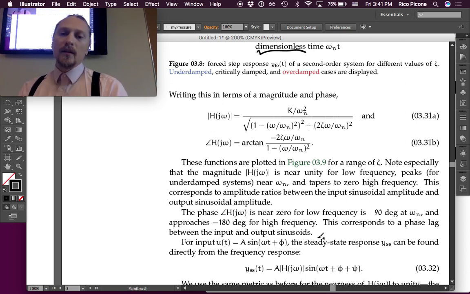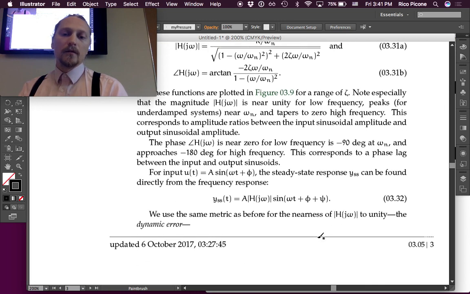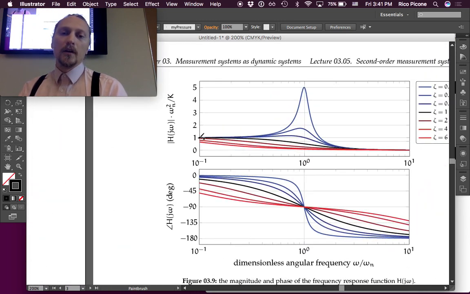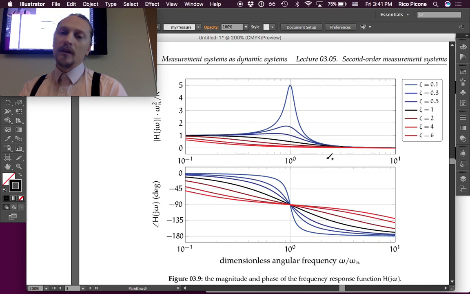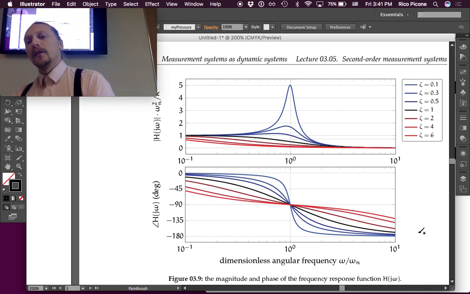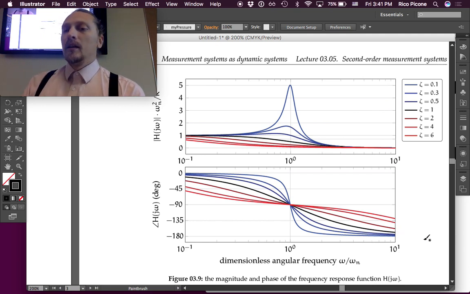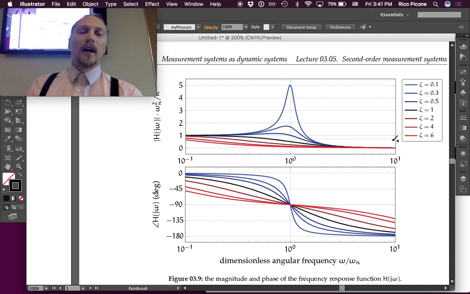Note especially that the magnitude of H of j omega is near unity at low frequency, and it's near 0 at high frequency, no matter what the damping ratio is. And no matter what the damping ratio is, the phase approaches 0 degrees at low frequency, and at high frequency it approaches negative 180. The damping ratio just describes how the shape goes from low frequency to high frequency.